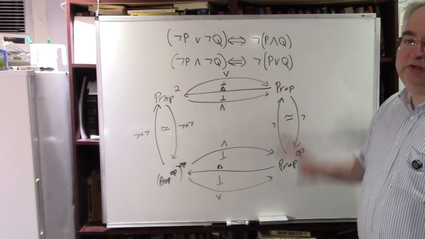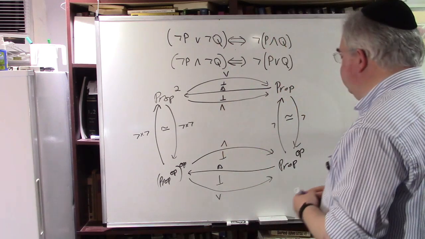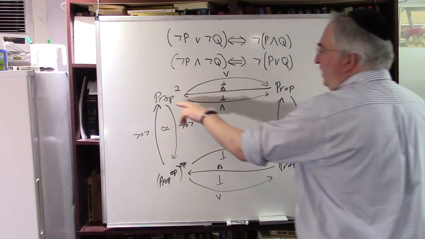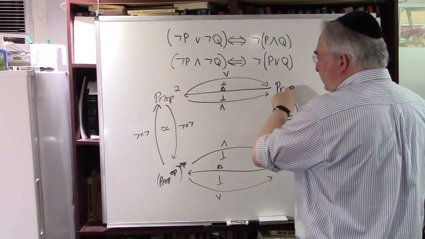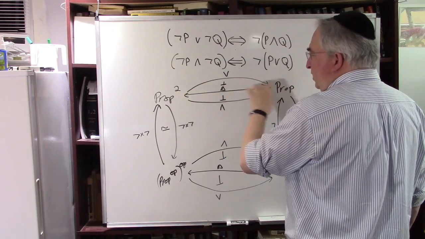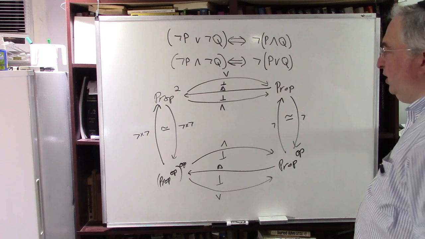The proof follows from this diagram. But it's very, very elegant. And it goes as follows. Let's just give you the orientation. Here's prop squared. Okay, this is that adjunction that we talked about. Ors and ands, coproducts, products. Here's the diagonal. Great.